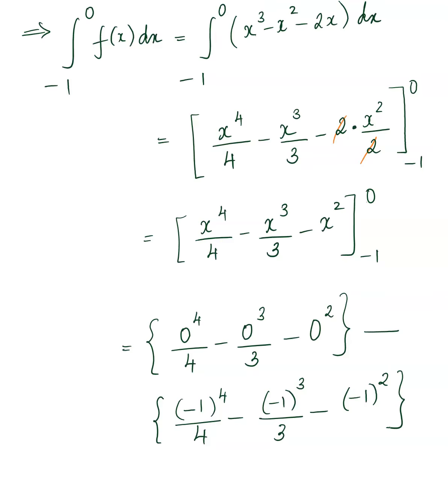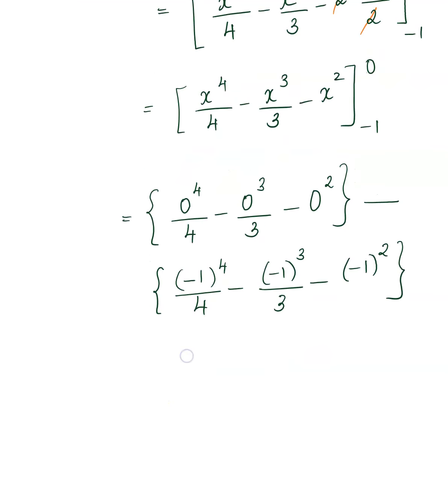Okay. So what this lets us see is that the first part will be 0. The whole thing is 0 on the top, minus 1 over 4, negative 1 to the power 4, 1 over 4. Now there's a minus here, and negative 1 to the power 3 will give us a negative 1.